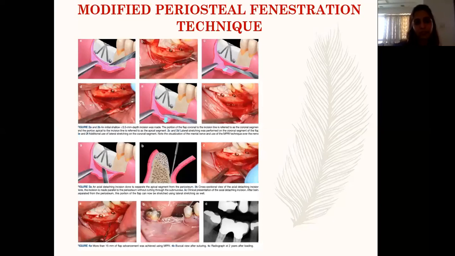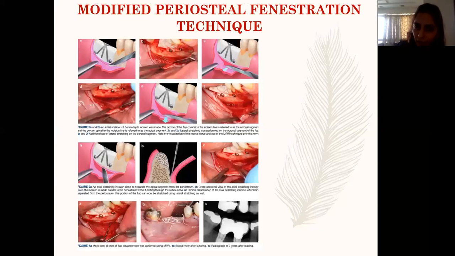In a full thickness flap, after the GBR or GTR procedure is done, in the apical area of this flap a small incision without perforating the submucosa allows release of the periosteum.